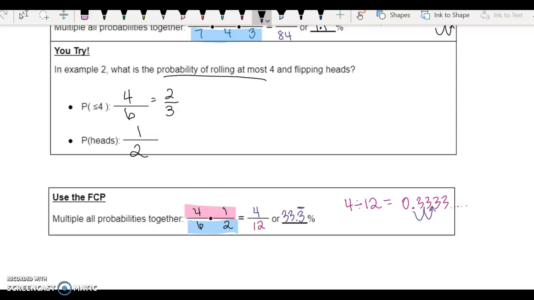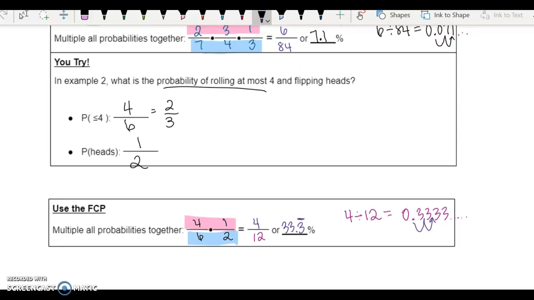And to prove this to you that we'd have 4 out of 12, I'm just going to, off to the side here, show you that on a die, I have the numbers 1, 2, 3, 4, 5, 6, and then I have heads or tails for each of those.